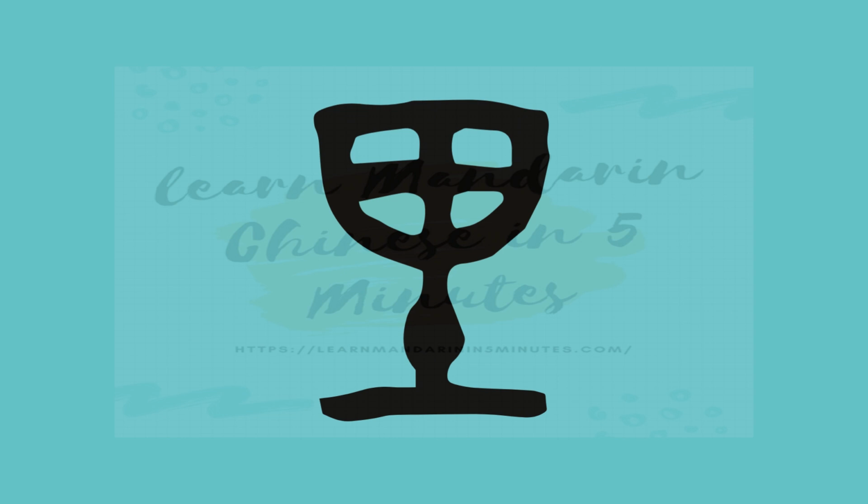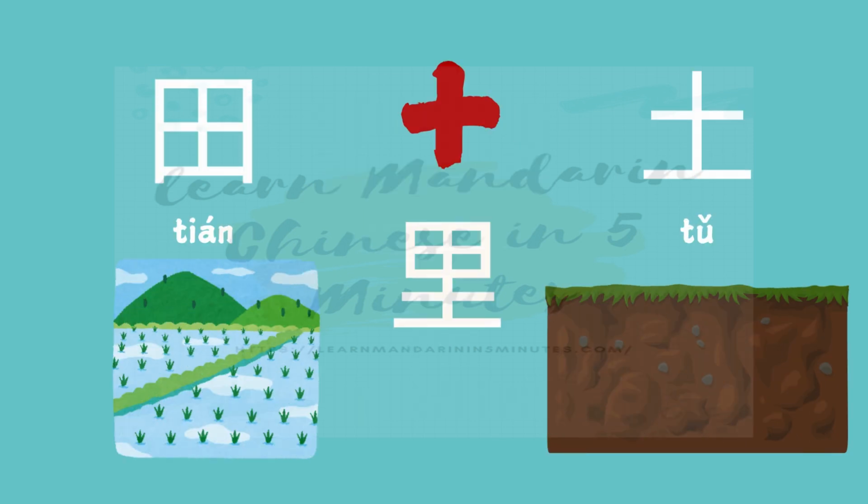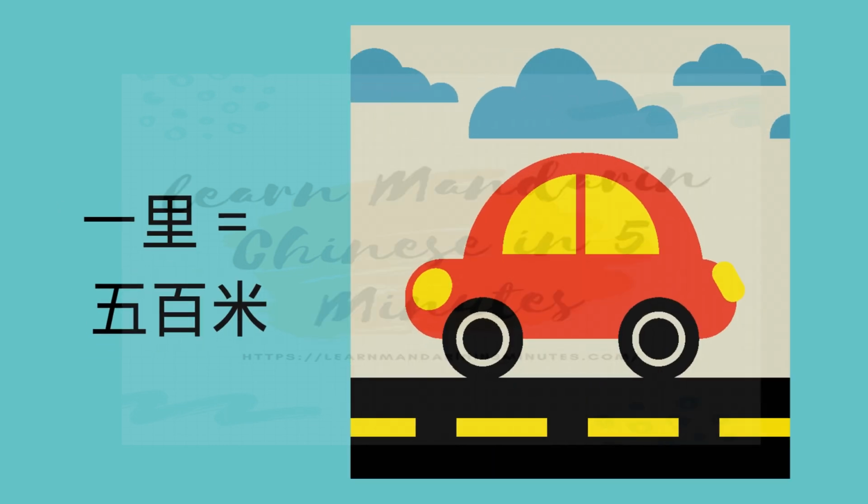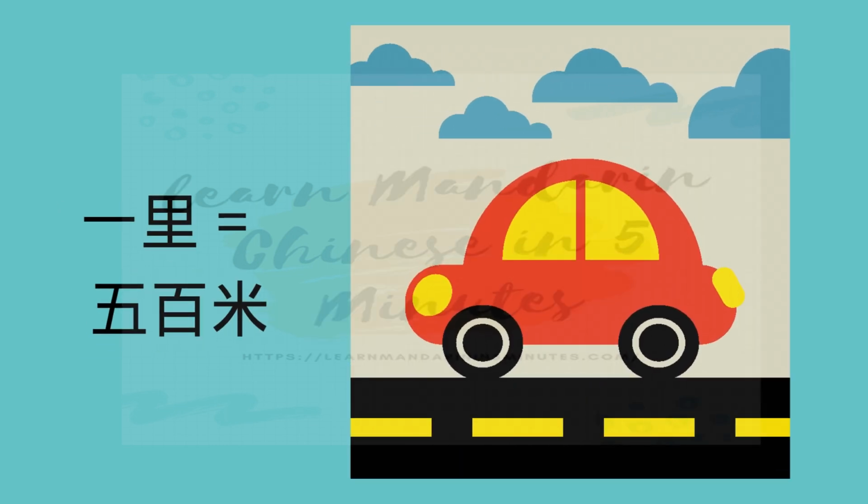The Western Zhou dynasty saw the earliest use of the pictophonetic Chinese character 里 in inscriptions on bronze artifacts. The terms 田, field, and 土, earth, are combined in its original form to denote a place where people live. Later, it was extended to include communities or neighborhoods. It was also used in ancient China as a unit of length.